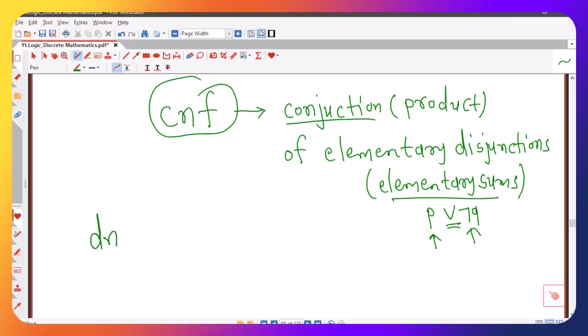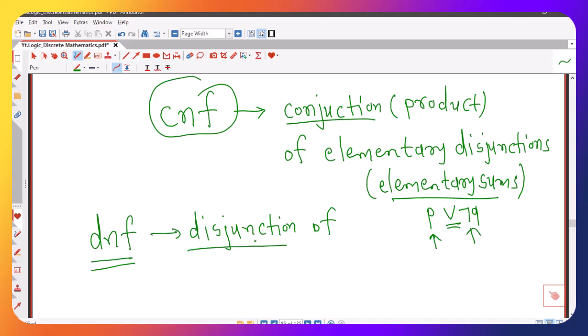Similarly, DNF, here we start with D, so it is disjunction, that is sum, and if I use disjunction first, I will use disjunction of elementary conjunctions or elementary products.